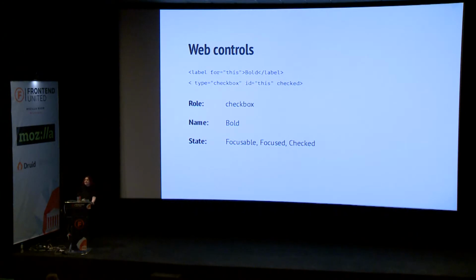The interesting thing is that if we were to try and recreate that same software component in a web page, so this checkbox, just using an input type of checkbox with a checked attribute and an associated label to provide the visible text label, we'd find out that the accessibility information is exactly the same. It's got a role of checkbox, an accessible name of bold, and it's got the same state information about it being focused and checked in the current state.